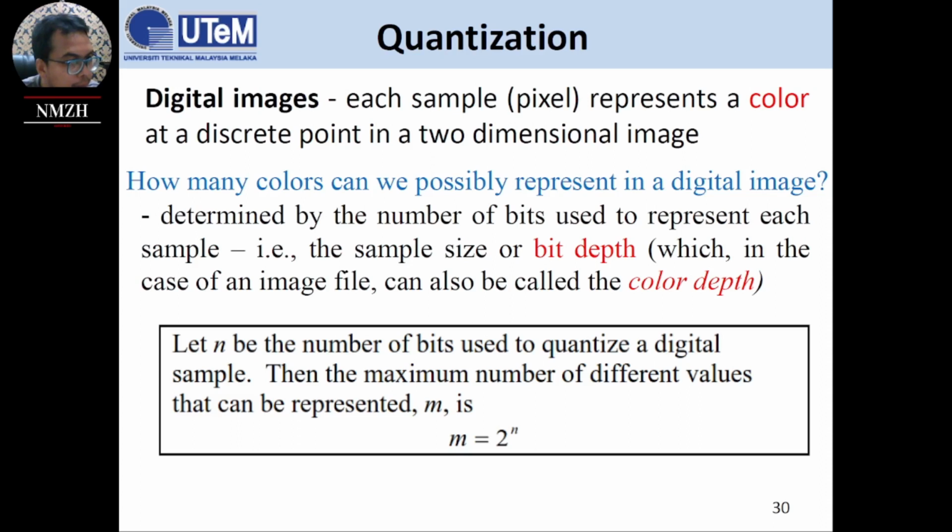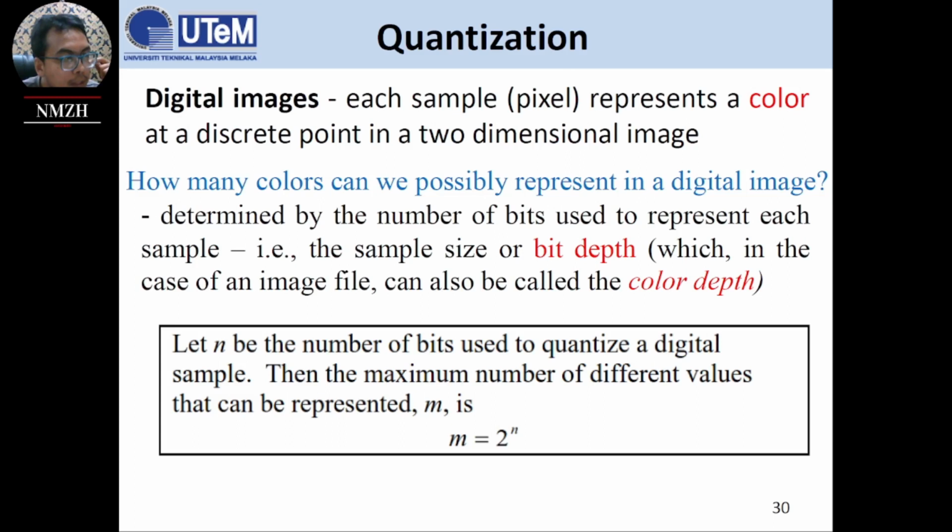So for 1 bit, 2 power 1 is 2, the values 0 and 1. And for 2 bits, n equals 2, we get 4 numbers: 00, 01, 10, 11, right?